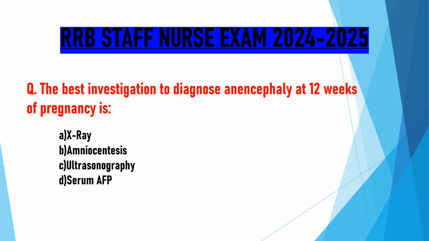The best investigation to diagnose anencephaly at 12 weeks of pregnancy is. Options are X-ray, amniocentesis, ultrasonography, serum AFP. AFP means alpha fetoprotein. So the answer is option C, ultrasonography.